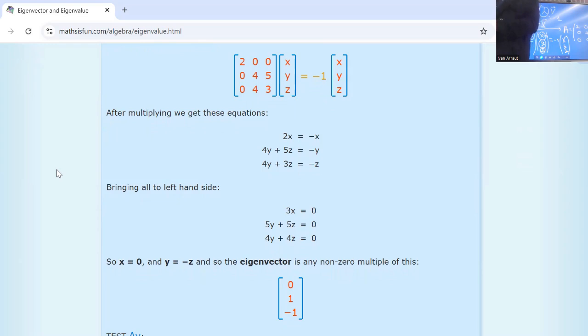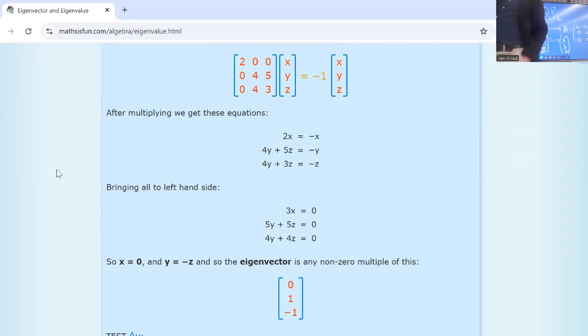We find that y is equal to minus z when you solve. And the third equation is redundant. It's telling you that y is equal to minus z also. This redundancy in equations is expected because we impose the condition determinant equals 0. Remember, when the determinant of a matrix is 0, there are redundant rows and redundant columns.